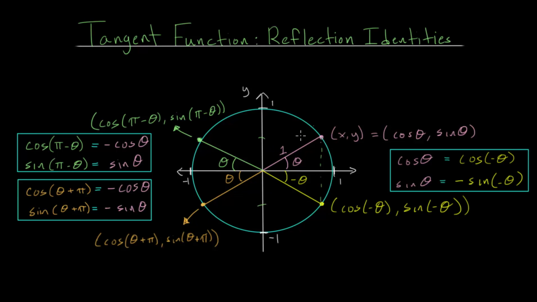Then we took this original ray and reflected it across the y-axis to get this point over here. This angle would be theta, but what we're really concerned with is this angle here so that we can have the xy coordinate of that point. If we measure all the way to the negative x-axis, that would be pi radians or 180 degrees.